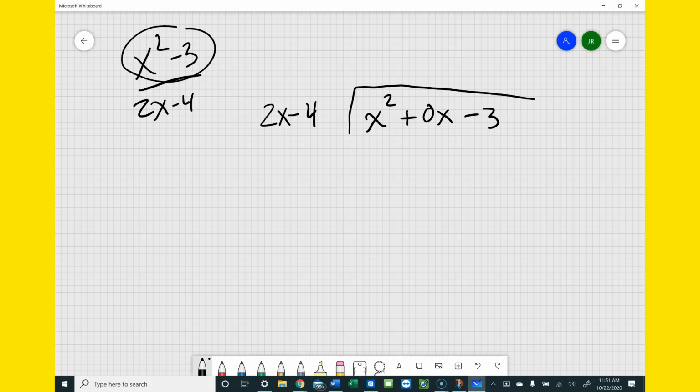All right, then what we're doing is we're just taking this and we're saying x squared divided by 2x. The x's reduce each other. You end up with x over 2. So we say that's x over 2.